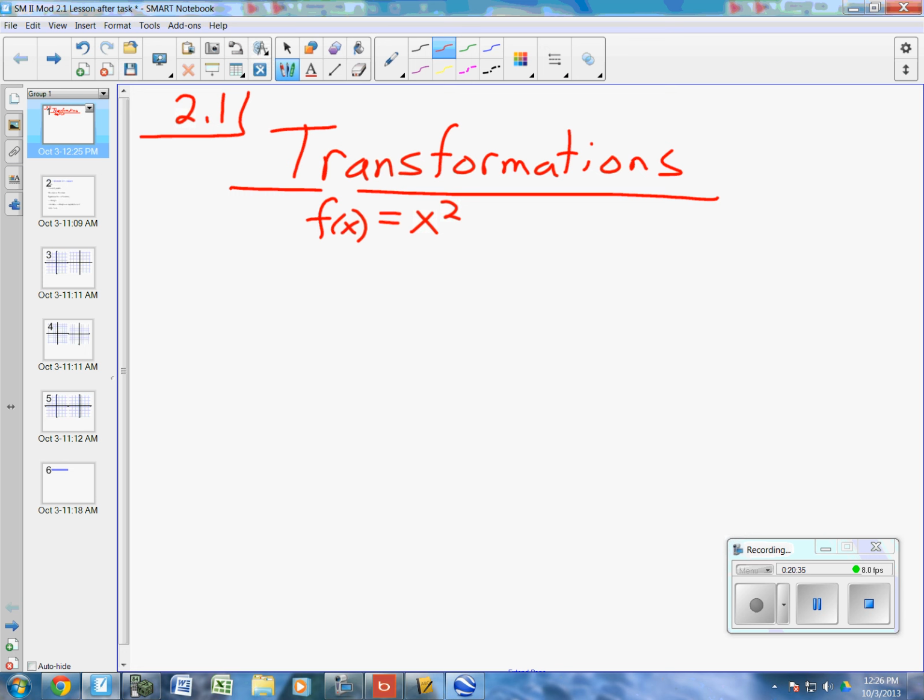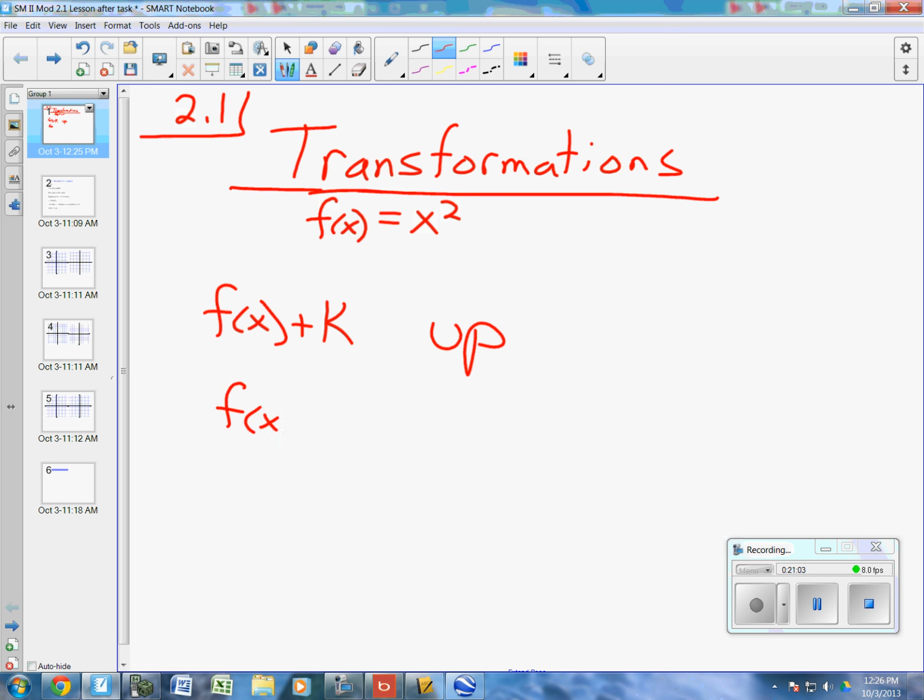Okay, your notes. f of x equals x squared. We learned, first of all, what happens if you add a constant k to f of x. What happens when you add a constant to the function? Shifts it vertically up, okay? I'm going to just put up.